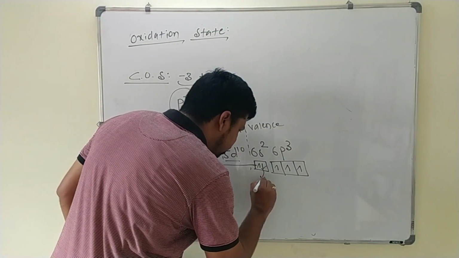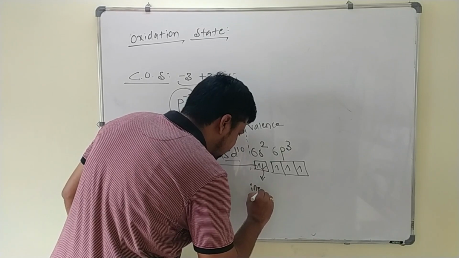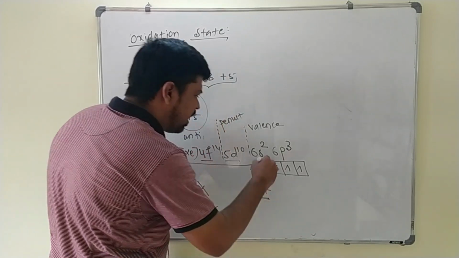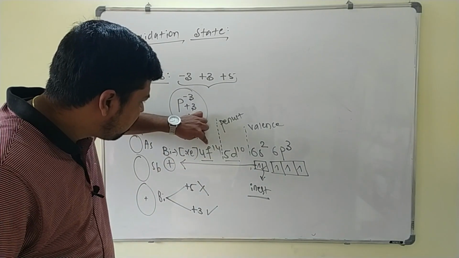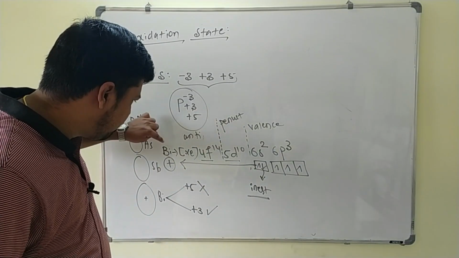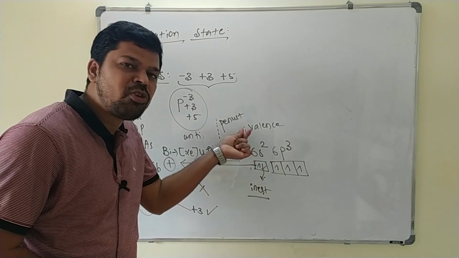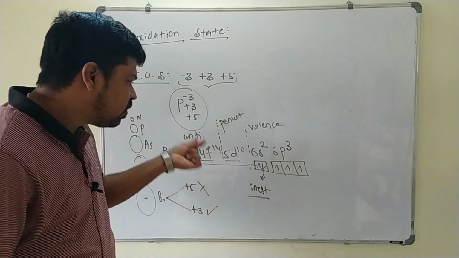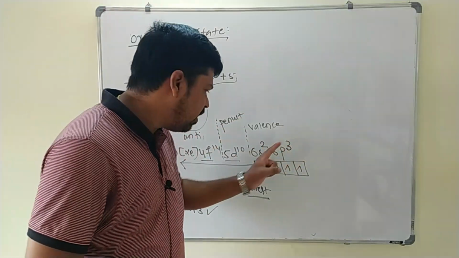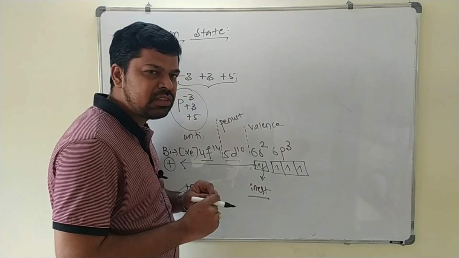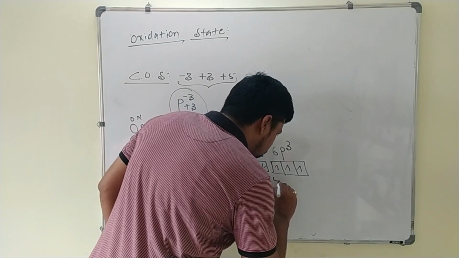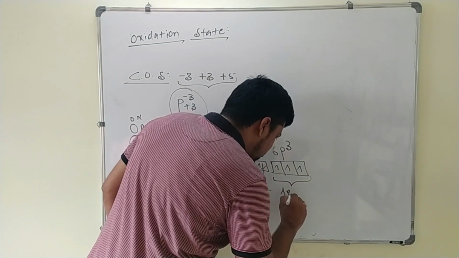Hence these 2 electrons are taken as inert because they are not involved in the bonding. What is the reason? Due to the poor shielding effect of completely filled d and f orbitals in bismuth, 6s electrons are strongly attracted towards the nucleus, so that they are not involved in the bonding, they cannot even be unpaired. Hence these 2 electrons are inert, and here only 3 electrons are involved in the bonding.